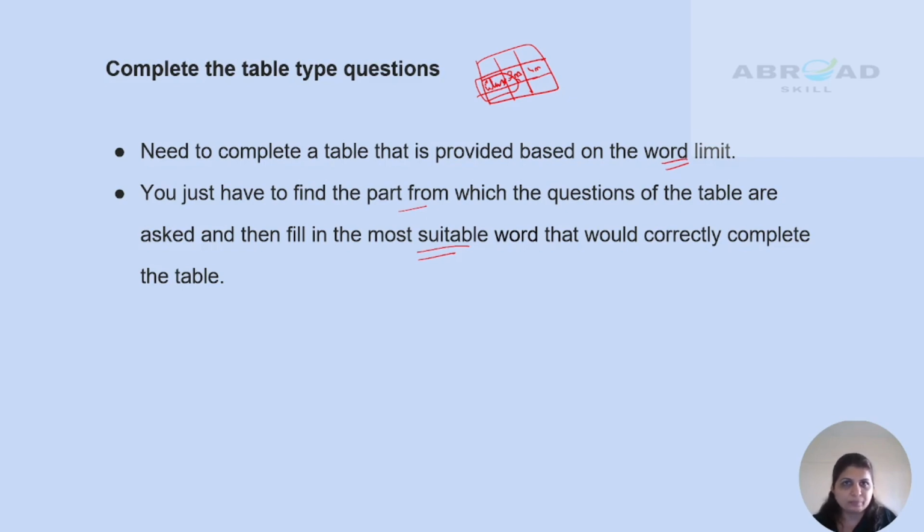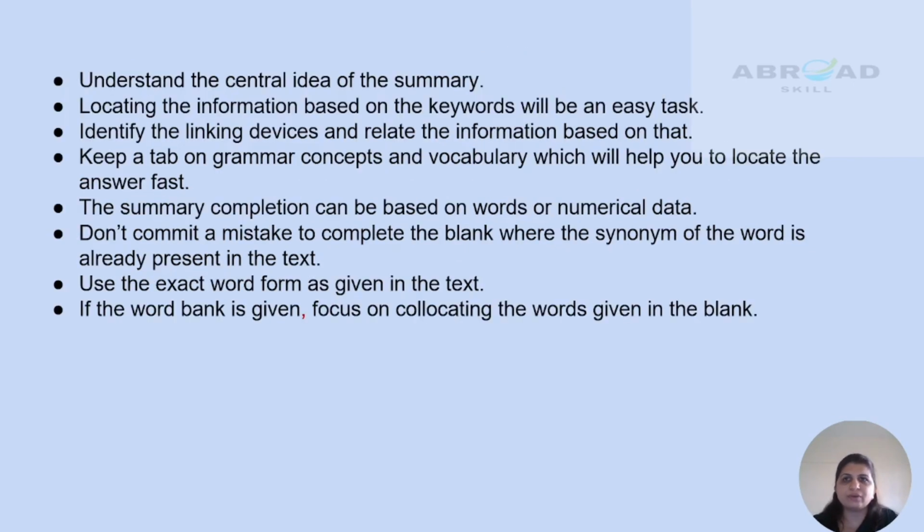All right, now the tips and tricks to answer this question are: you need to understand the central idea, based on which your keywords will be identified. Here the linking devices will help you to relate the information. You need to keep a tab on your grammar concepts and vocabulary.